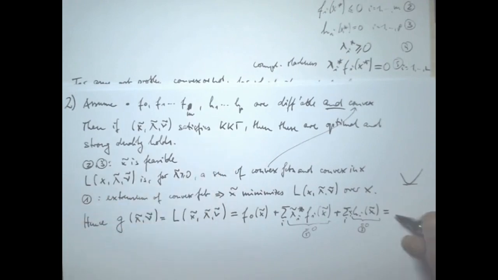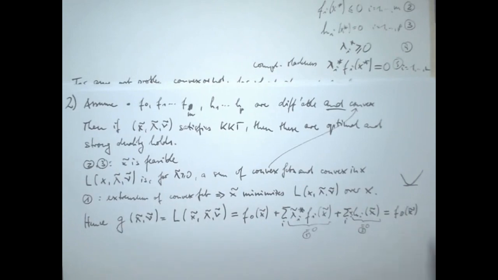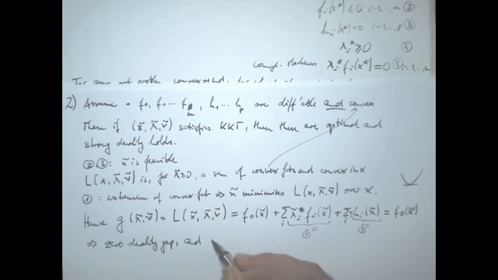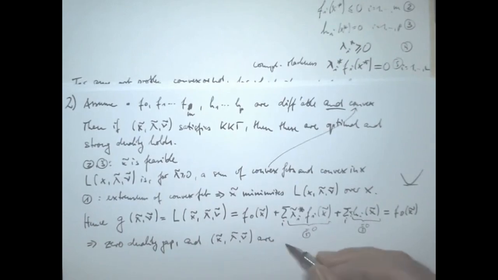So this is just f0 of x tilde. And so on the left hand side I have the optimum of my dual, on the right hand side I have the optimum of my primal, and they are the same. So overall we see that there is zero duality gap, and this tuple x tilde, lambda tilde, nu tilde is primal and dual optimal.